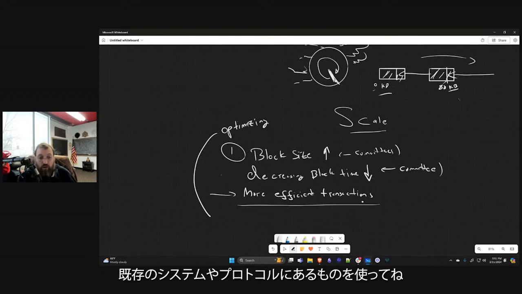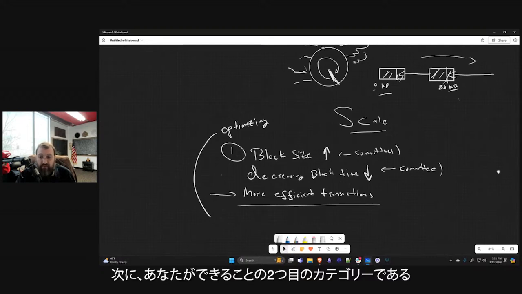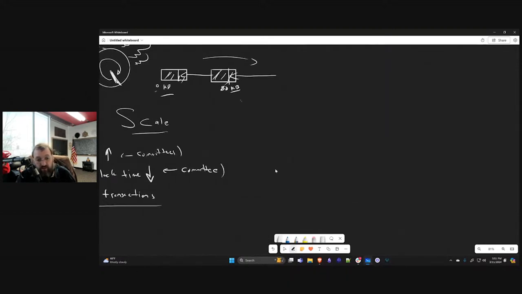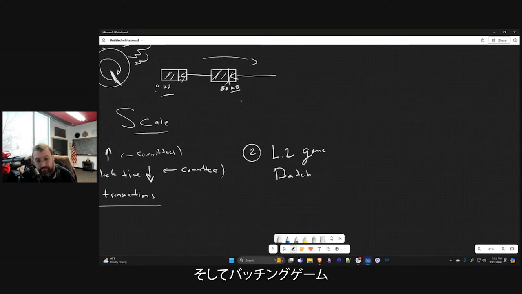So you do more with what you have in the existing system and protocols. Then the second category of things you can do is over here, and that's basically the layer 2 game and the batching game. Okay. And there's a litany of other things there.